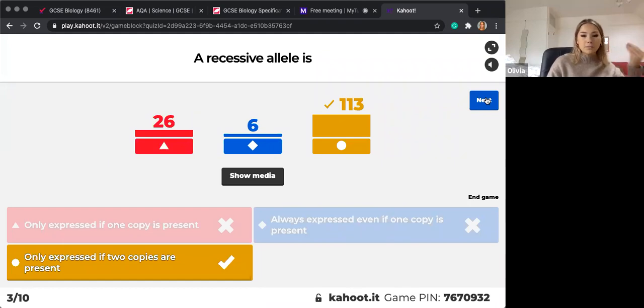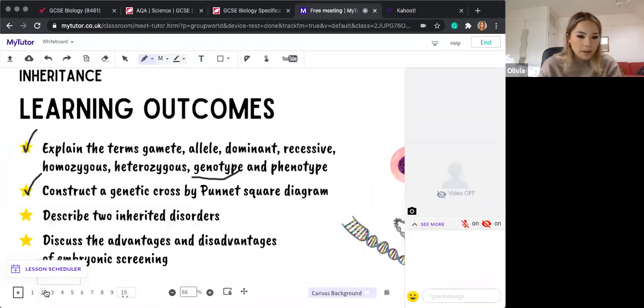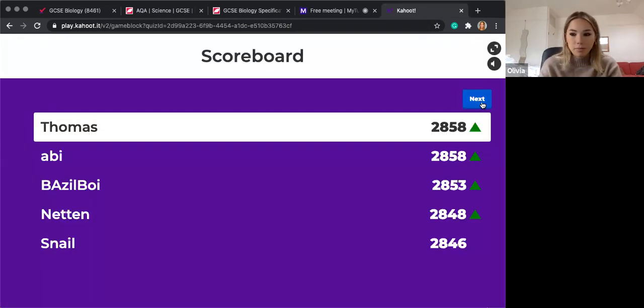Remember, it's recessive, so we can't have any dominant allele present. A good way you could remember it is that recessive has got 2 S's in it, so you could remember it needs 2 copies. I just thought of that on the spot, but that's a way that you could remember it.